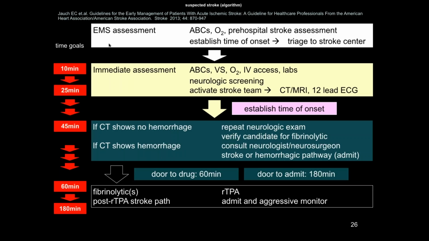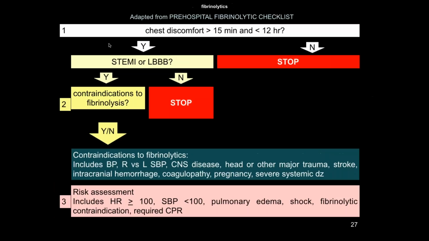Admissions and on the floors, 3 hours, right? So door to drug is 60 minutes, door to admit is 3 hours. So you need to bear that in mind, which is why you as the provider need to move pretty quickly and get EMS on board, because every minute counts, all right?